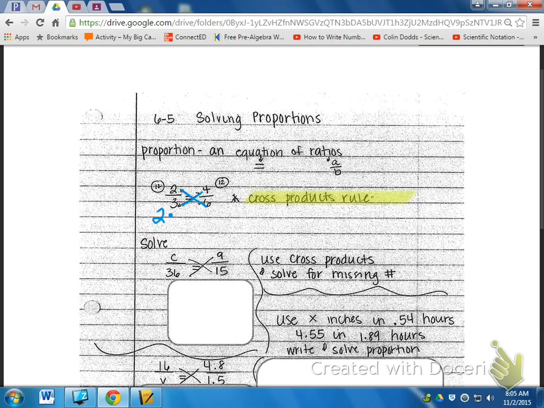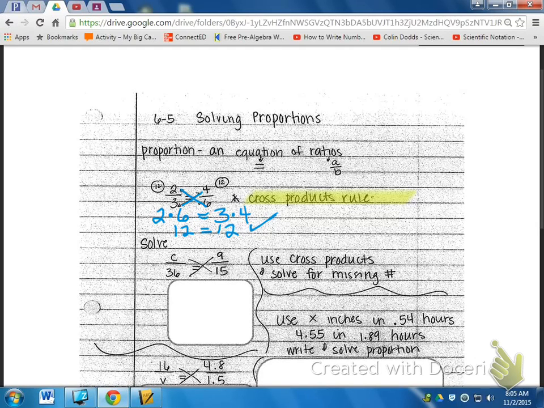So basically 2 times 6 should equal 3 times 4. So you multiply across those diagonals, and in this case we get 12 equal to 12, which makes, yes, it's a proportion.